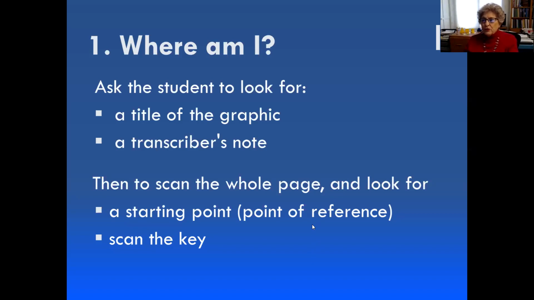They'll very often choose that as a starting point. And then they'll scan the key. Now, when you think about hand movements, what most kids do is keep their hand on that point of reference that they chose, whether it's a point symbol for the capital of the state of Florida or whatever it is.